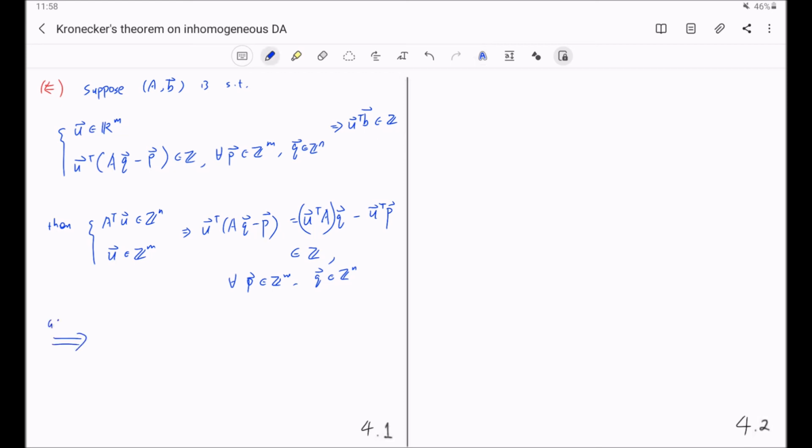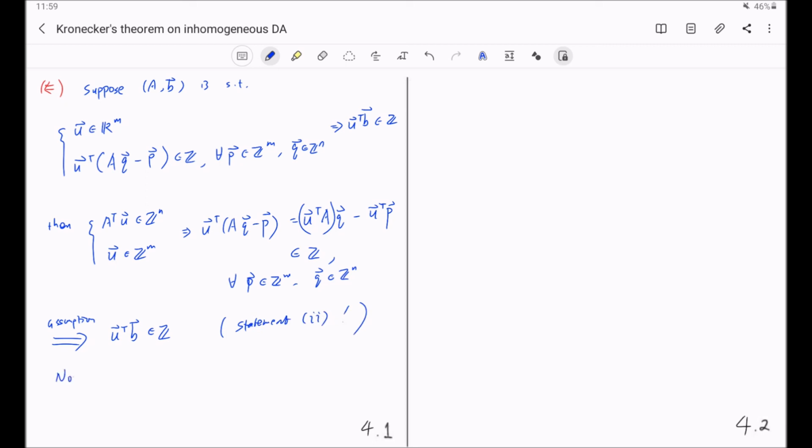So by our assumption, u transpose b is in Z, which means whenever u is in Zm and A transpose u is in Zn, we have u transpose b is in Z. That is precisely the statement number 2 of the Kronecker theorem.